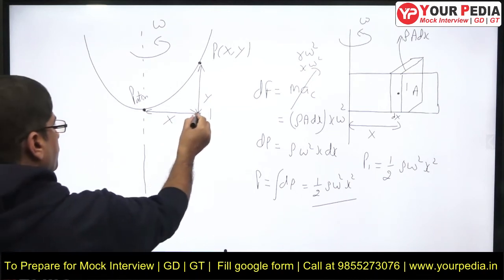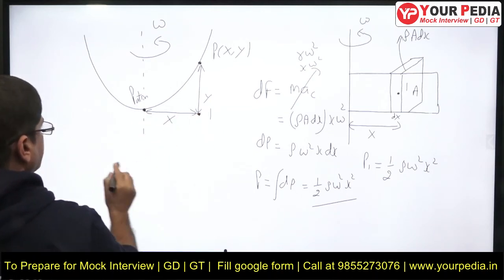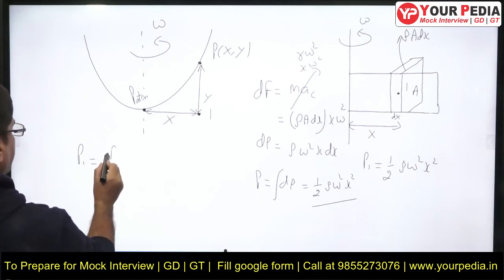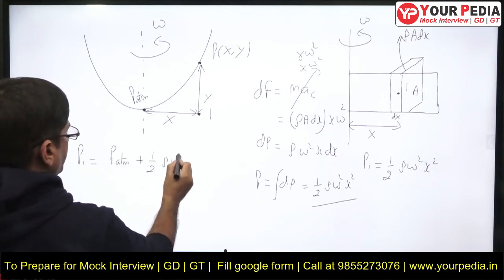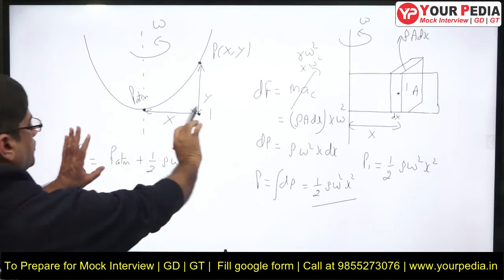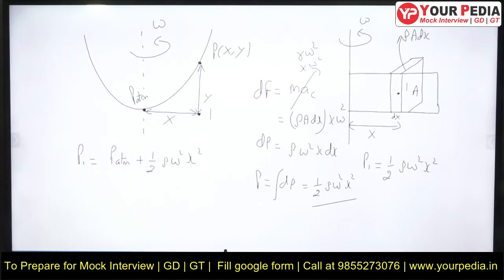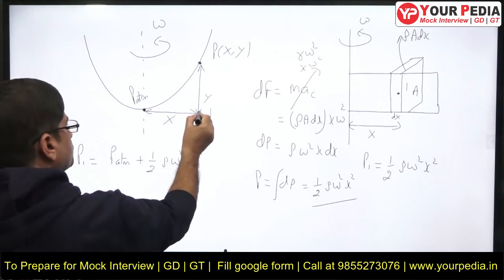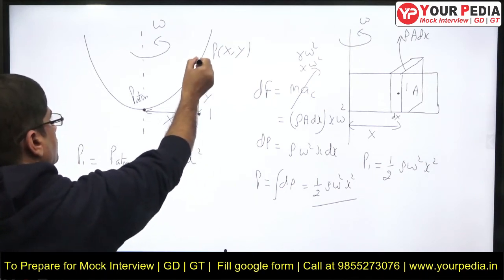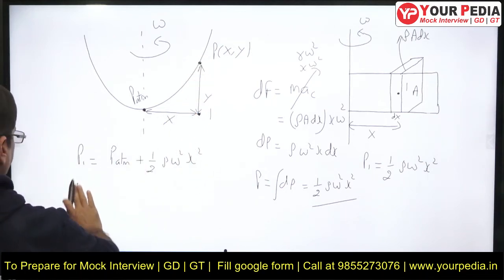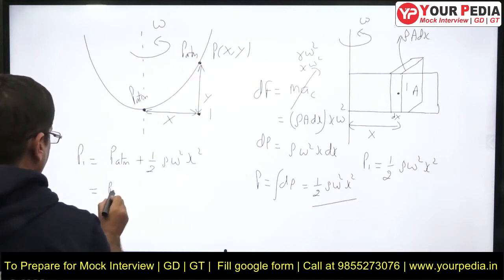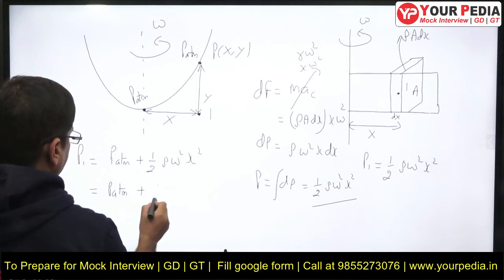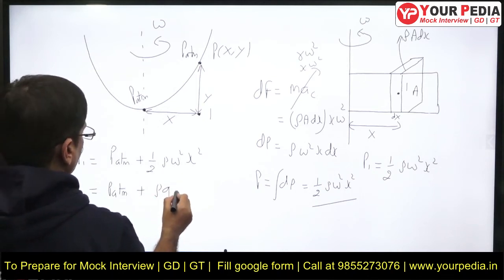Now what is the pressure at point P if I go in the horizontal direction? Pressure at P is P atmosphere plus half of rho omega square x square if I move in this direction. And if I approach point P from this side, what is the pressure? Here the pressure is also P atmosphere plus rho g y.